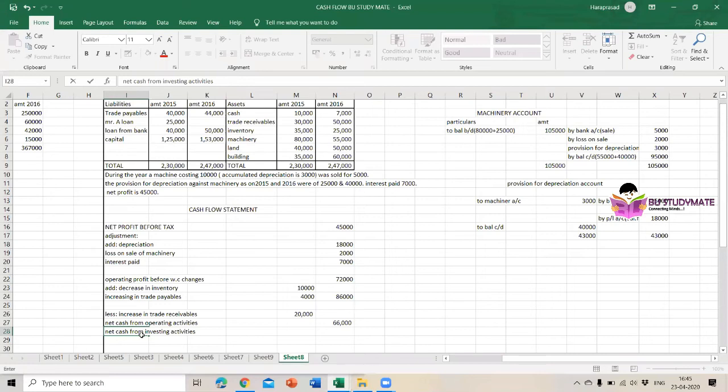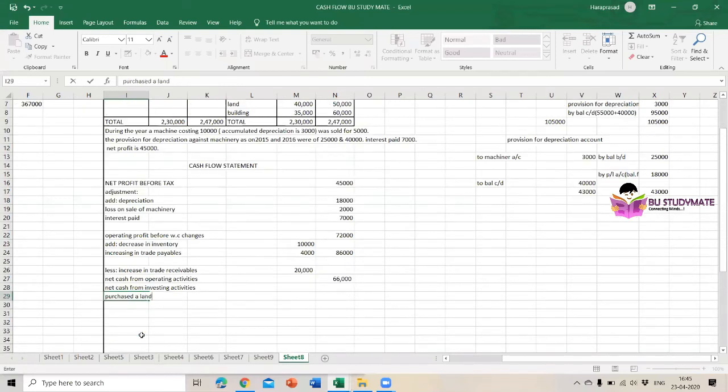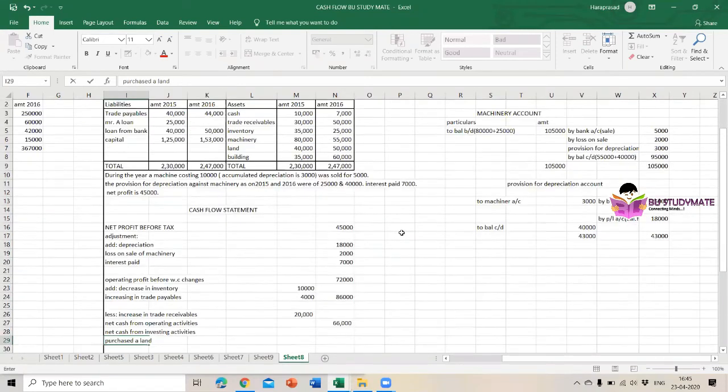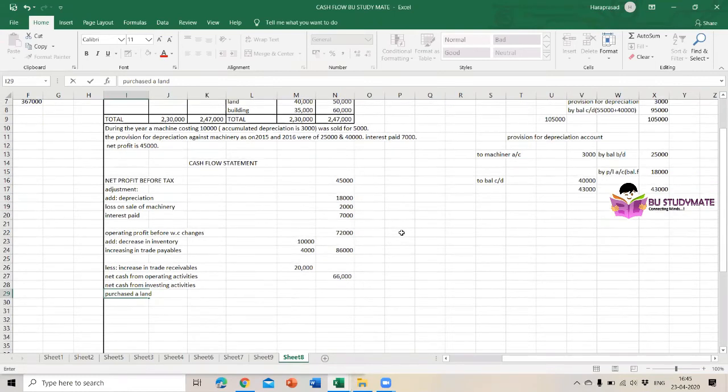How much is that? We have purchased land, ₹10,000. In the question, 40,000 and 50,000 is there, so we have made a purchase.